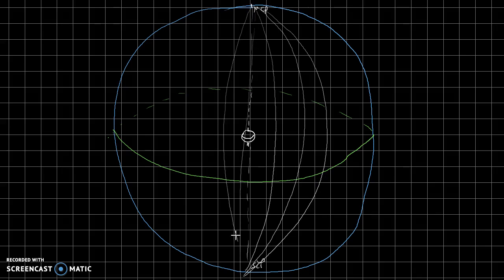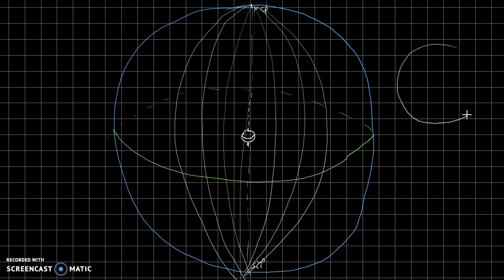So the right ascension, as seen from the outside, increases from west to east. If we draw the celestial sphere with an observer, north, south, let's say somewhere in the northern hemisphere, and this is east and west, this is the equator, so you have an observer in the middle, we know that the right ascension increases towards the east.